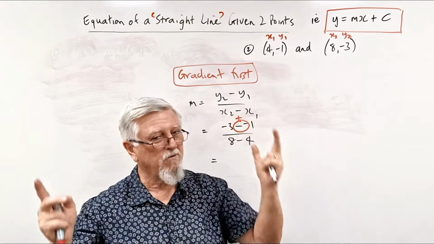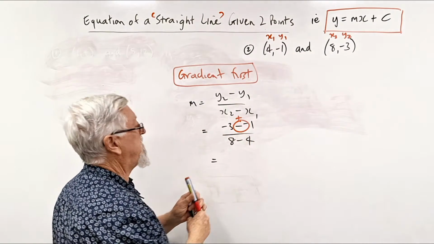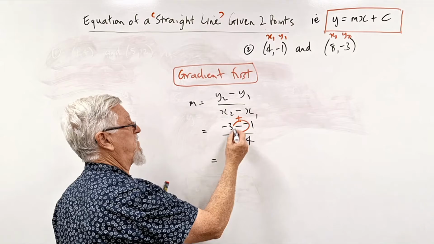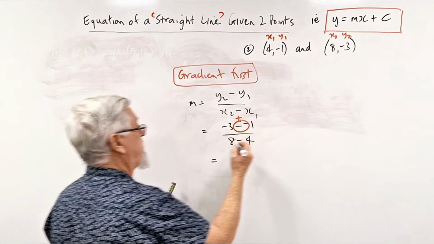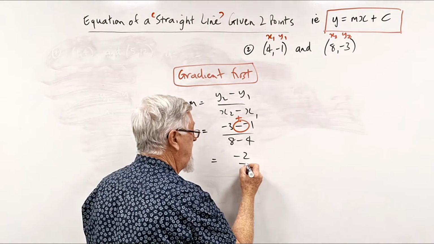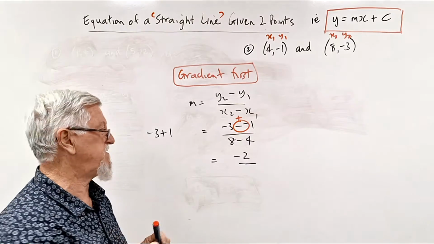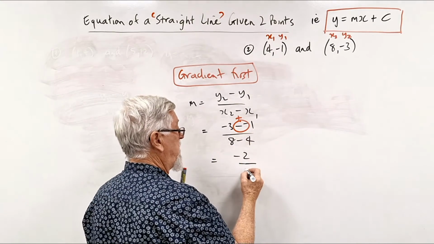I forget about all the other rules, just two negatives that are next to each other can turn into a positive. Most people will be okay with negative 3 plus 1 is negative 2. Maybe some people need to see it. I think everyone's confident with it, but I just see how many mistakes people make. And then the 8 take 4 is 4.